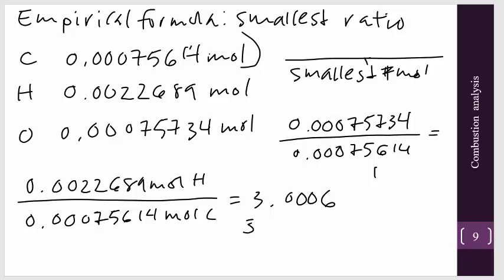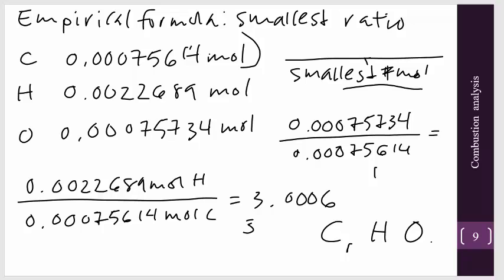So now we have a ratio of carbon and oxygen is 1. There's the same number of carbons as there is of oxygens. And then between carbon and hydrogen, the ratio is 3. There's 3 times as many hydrogens as carbons. So CHO: carbon is 1 because it was in the denominator, was the smallest.